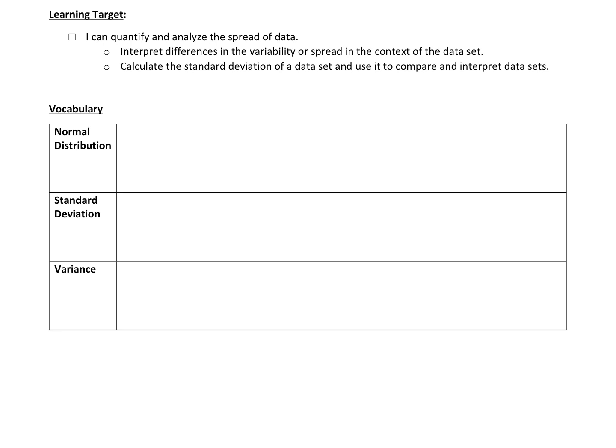We are going to come across something called a normal distribution. This is a data distribution that is symmetrical and forms a bell-shaped curve.